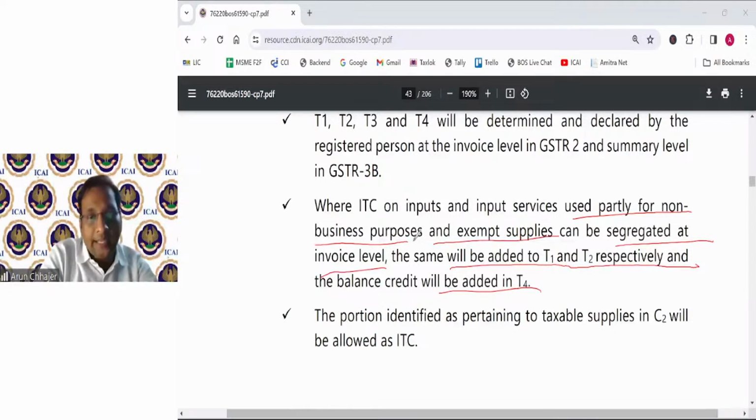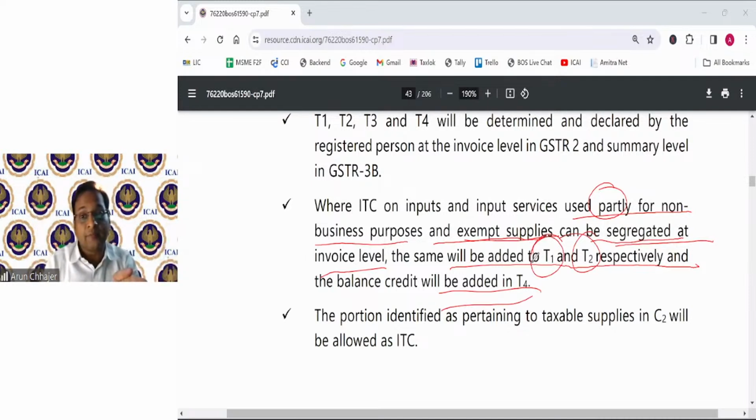Balance means that which is being used for the taxable supplies, so that will be added in T4.